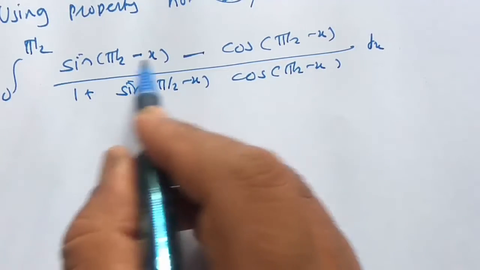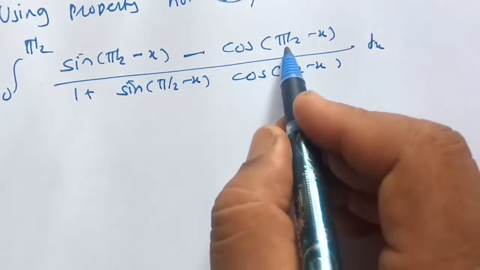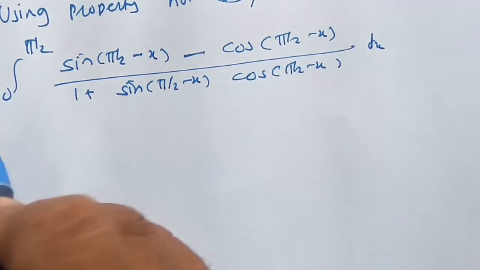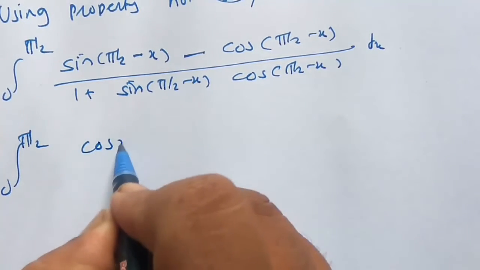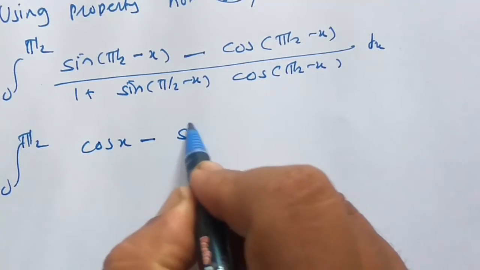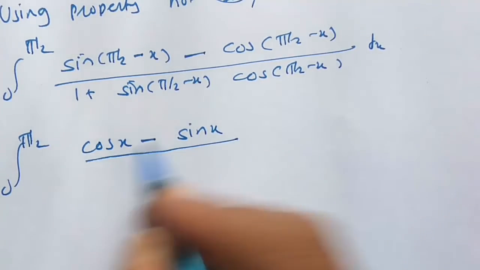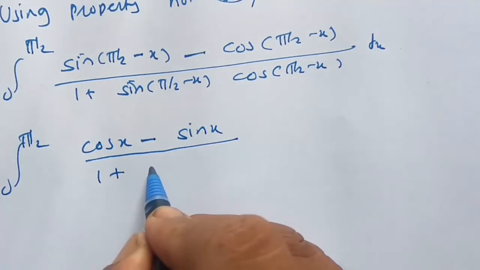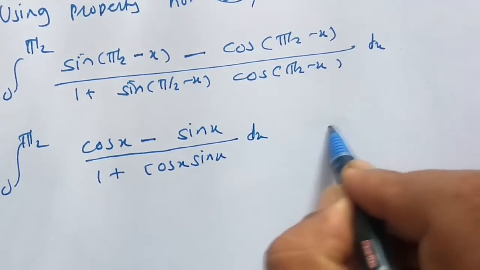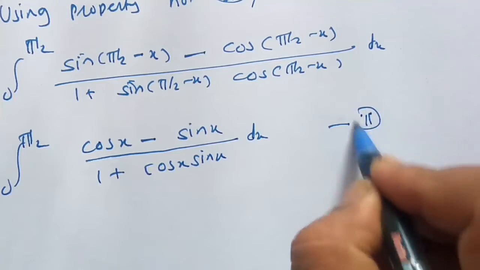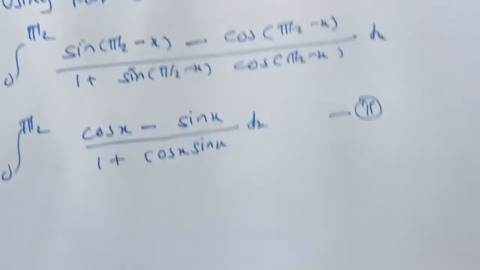We know that sin (90 minus theta) is cos theta, cos (90 minus theta) is sin theta. So this is equal to the integral from 0 to pi by 2 of (cos x minus sin x) upon (1 plus cos x into sin x) dx. This is number 2. This is equal to I.